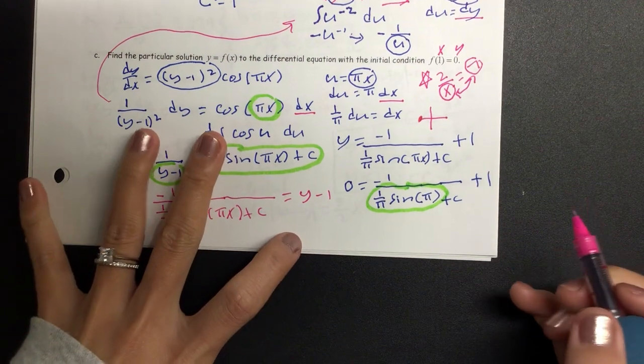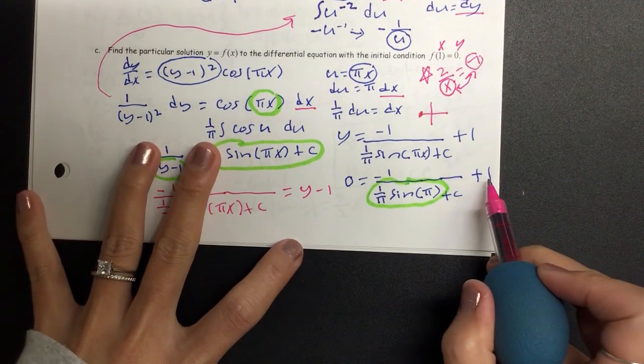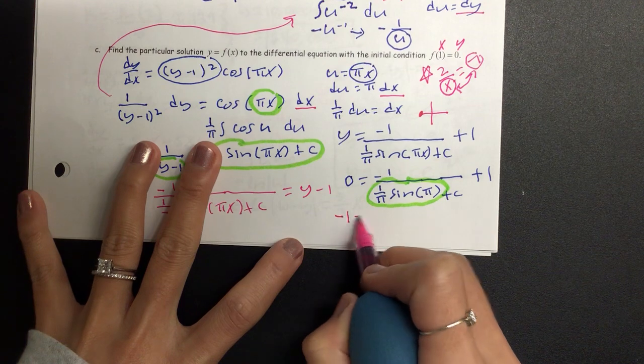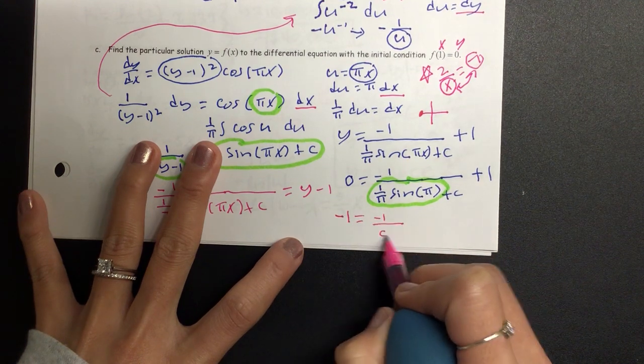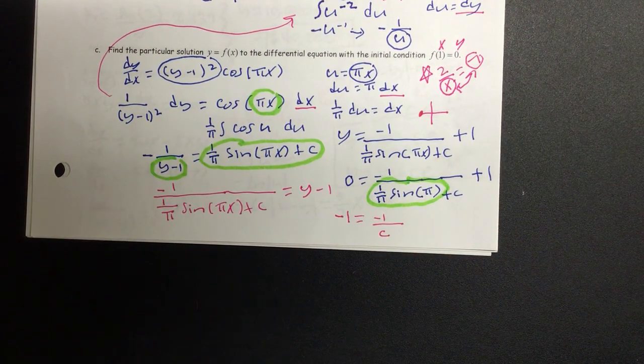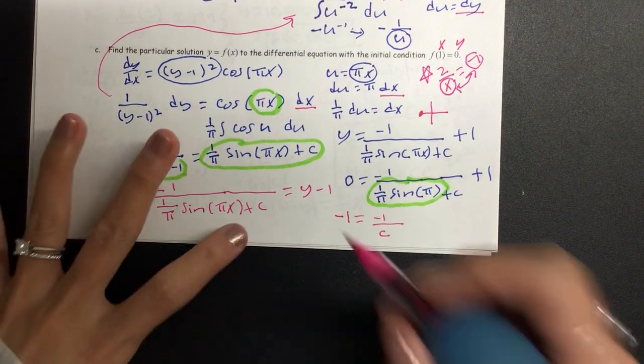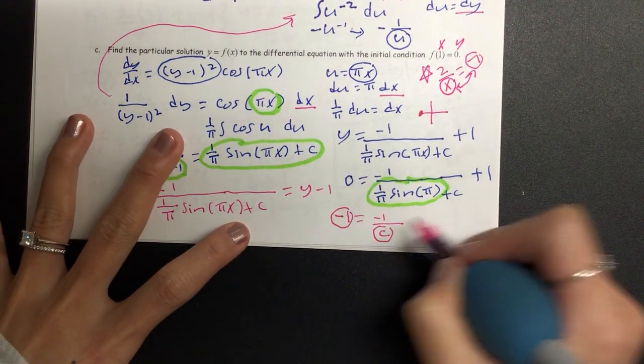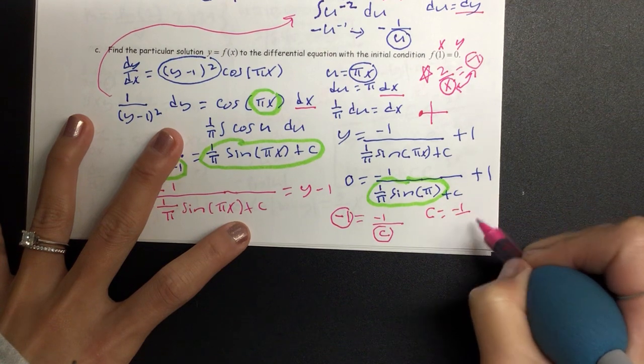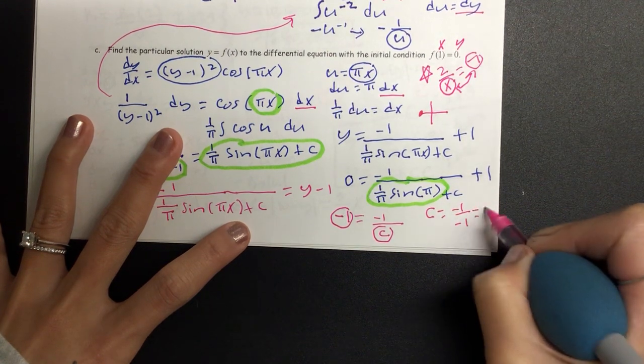Are y'all okay if I move the 1 over first? Minus 1, negative 1 over c. So what is the value of c? When I swap these two, it gives me c is equal to negative 1 over 1, or negative 1, which is positive 1.